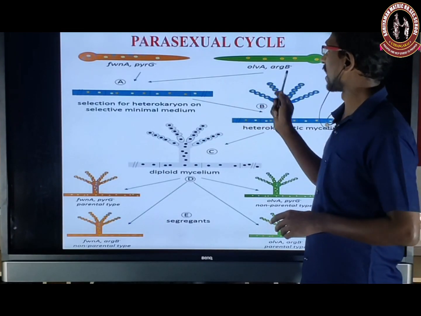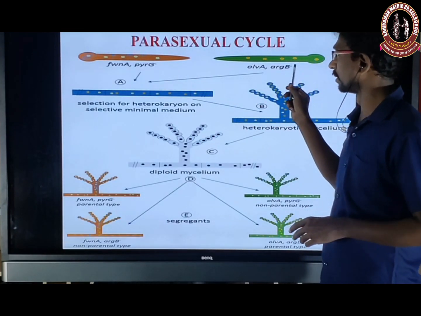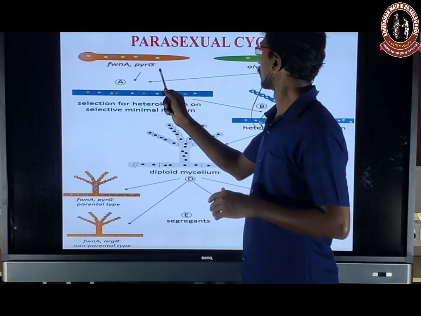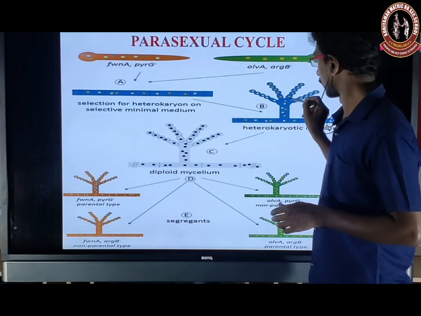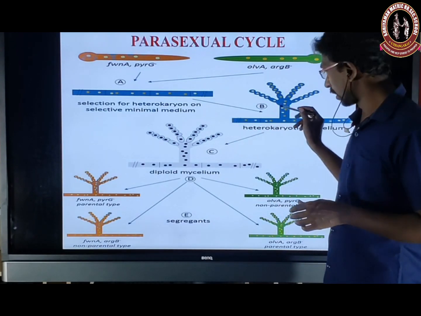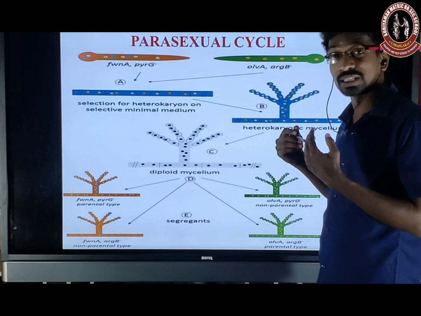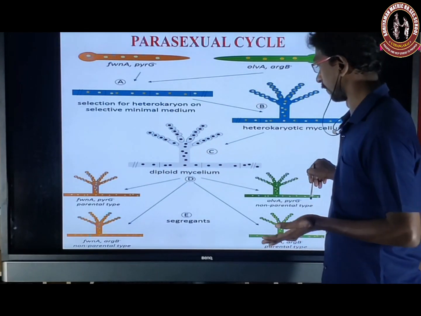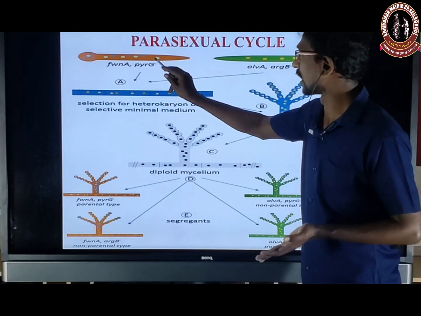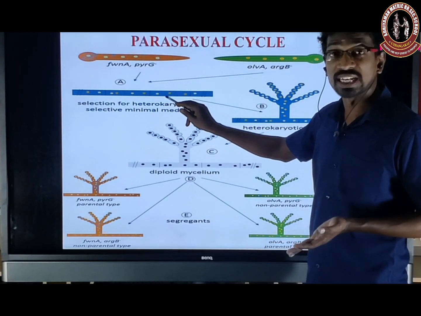So here is a parasexual cycle. Two opposite strains fuse to form the dikaryotic condition. Later this dikaryotic condition undergoes replication, or asexual reproduction, forming different states. Plasmogamy, not karyogamy, occurs.